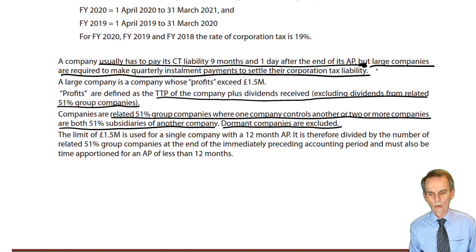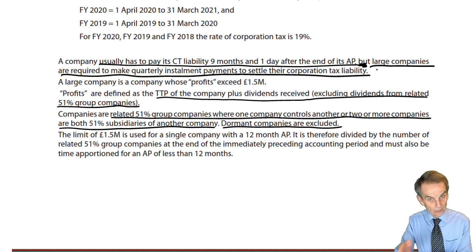I hope you can recall that would mean instead of being able to wait until 9 months and 1 day after the end of the accounting period in question to pay any and all of your corporation tax at that point, with quarterly instalment payments, there's 4 of them, you would start to pay the corporation tax for the current period on the 14th day of the 7th month from the start of that accounting period.